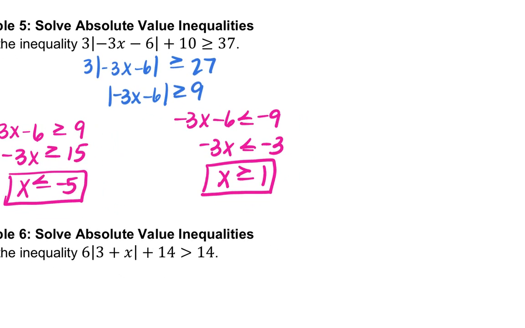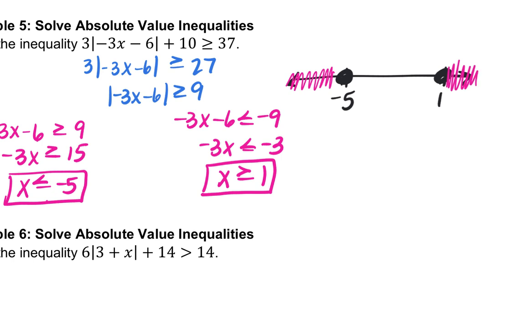So what does this look like as a graph? I've got negative 5 and 1. There are going to be solid circles here. It says x is less than negative 5. So where is less than negative 5? Well, that's to the left of negative 5. It's greater than 1, so it's going to be everything to the right of 1.